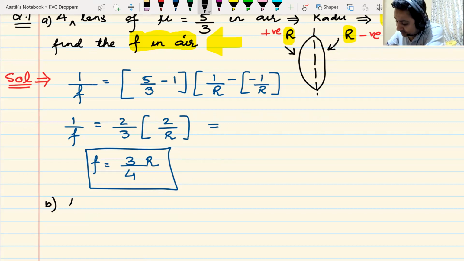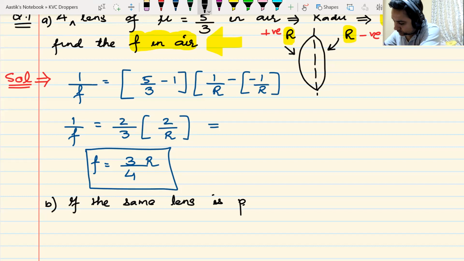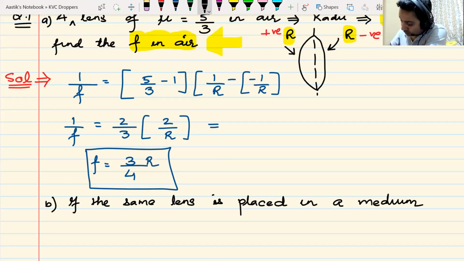If the same lens is placed in a medium of refractive index mu, which is 2.